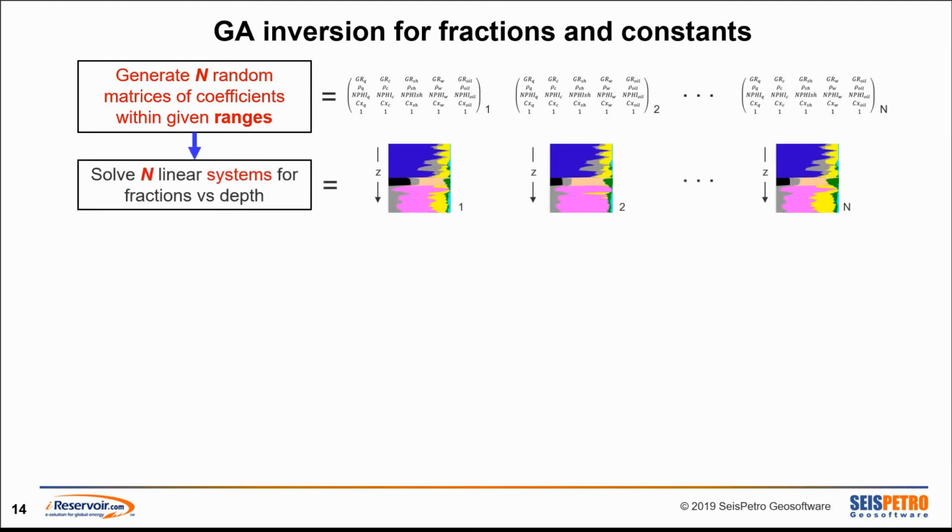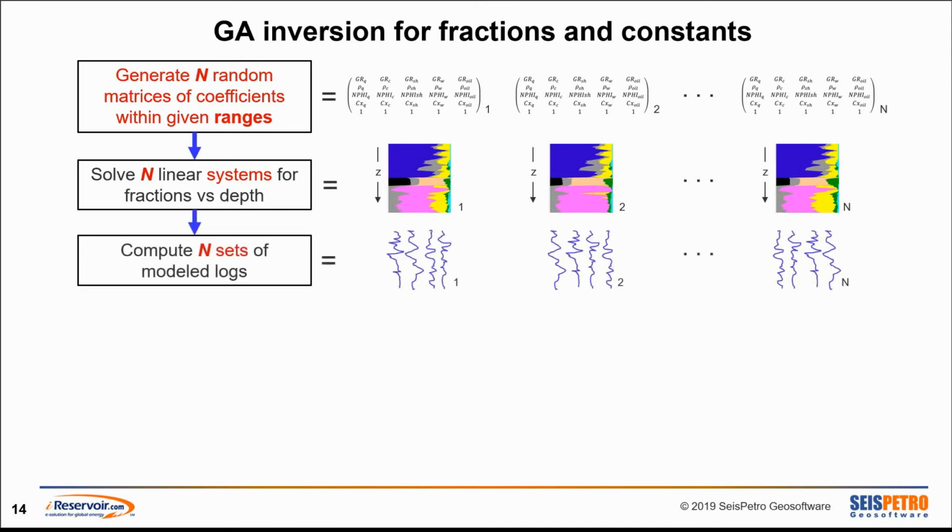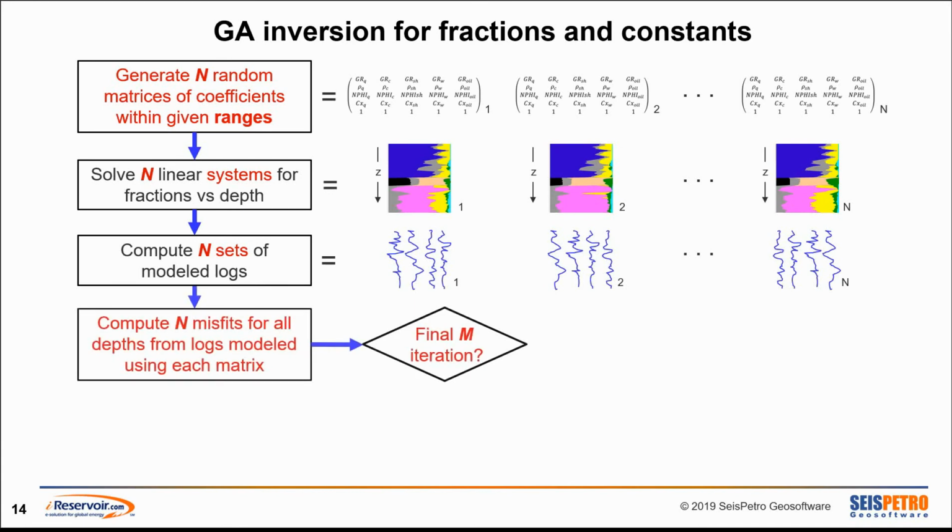What follows is the solution of n linear systems of equations for fractions versus depth. Then, using the solution of these systems, the algorithm computes n sets of model logs. These logs are then used to compare with the measured log and extract misfits for all depths using each of the input matrices. Then the next step is to ask, is this the final iteration?